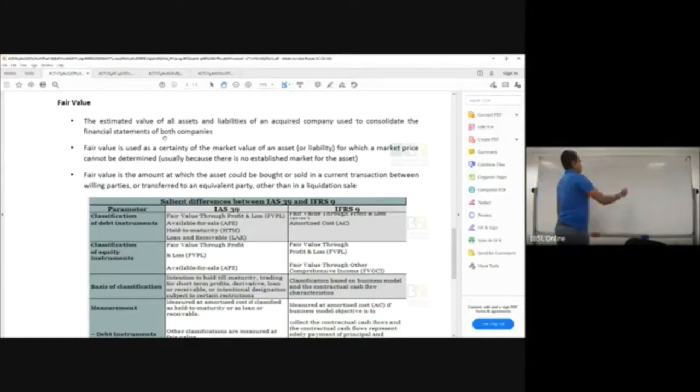That is the first category. Then the next one is fair value through other comprehensive income. Third category is held to maturity.